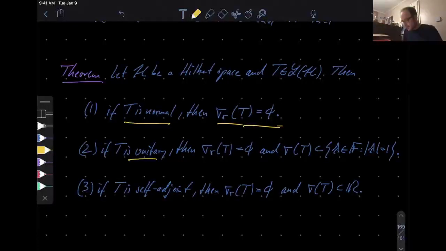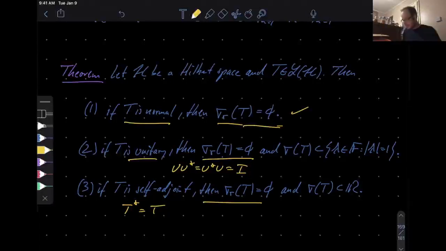If it's unitary, well then of course the residual spectrum also has to be empty, because unitary operators, U star U, they are of course normal, and likewise self-adjoint ones are normal, right? So that's why it's no surprise once you know this here on top, you get in number 2 and number 3 that the residual spectrum is empty for free. All right? But 2 and 3 say more.